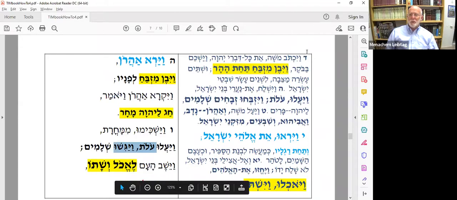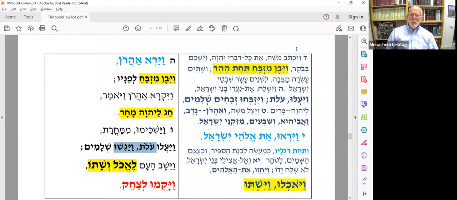Let me move this up a little bit, and we'll do our little arrows just to highlight what we've been talking about. Make the arrows maybe red. So the Mizbeach and the Mizbeach, olot and shlamim, olot, shlamim, just to make it nice and simple. And what they do, "vayochlu vayishtu," parallel to "vayechezu et ha'Elohim vayochlu vayishtu." Got it. So I think that should be obvious now.